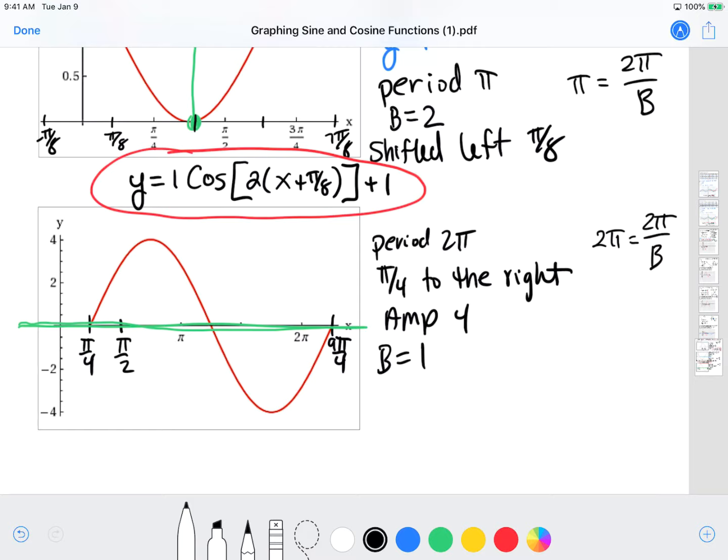So my equation for this is going to be y equals my value of a, which is my amplitude, 4. This is a sine function, so I'm going to use sine. My value of b is 1. And then I have x, and I'm moving pi over 4 to the right, so it's going to be x minus pi over 4.